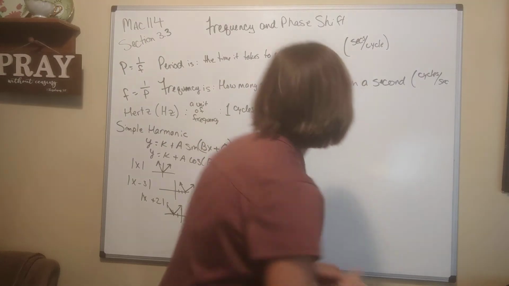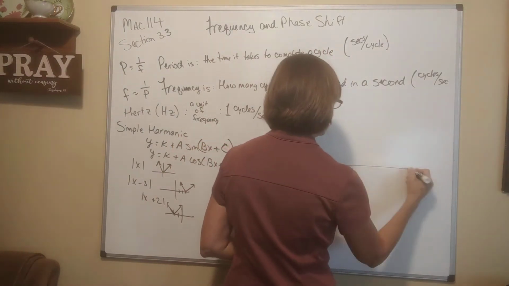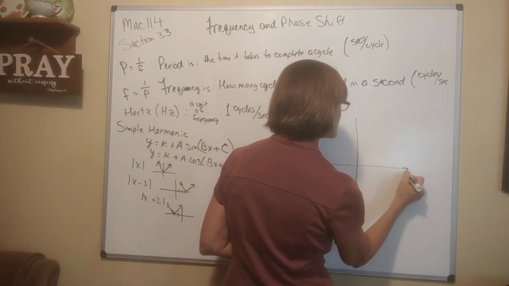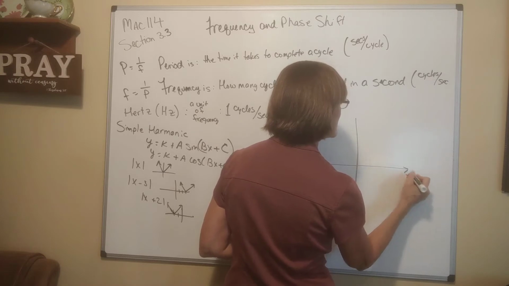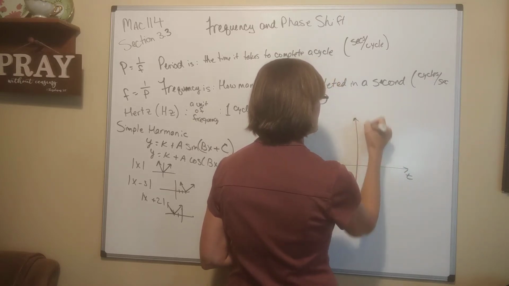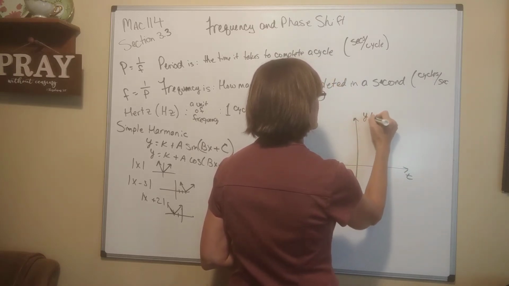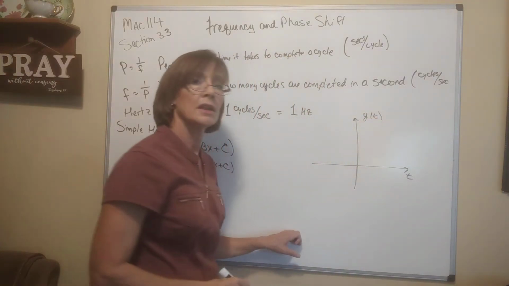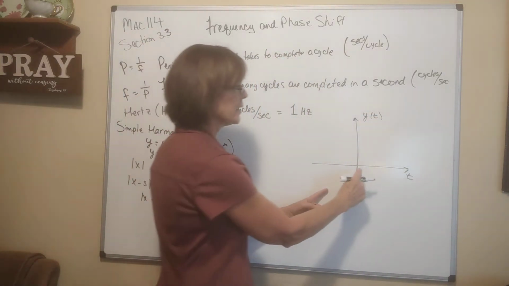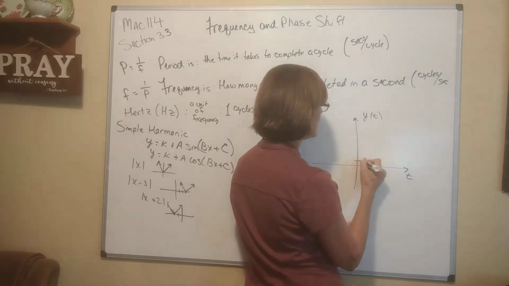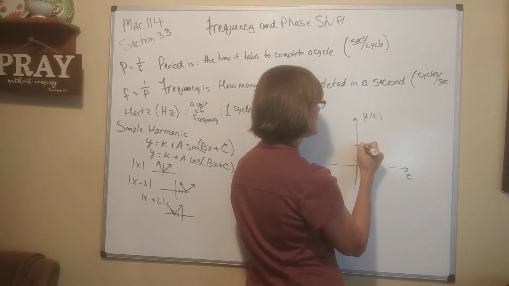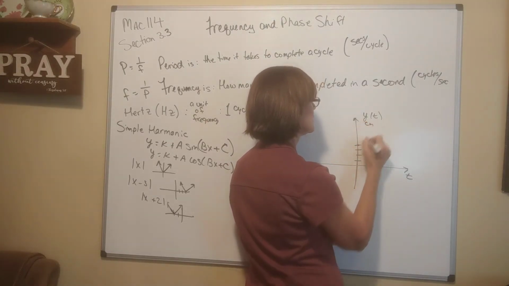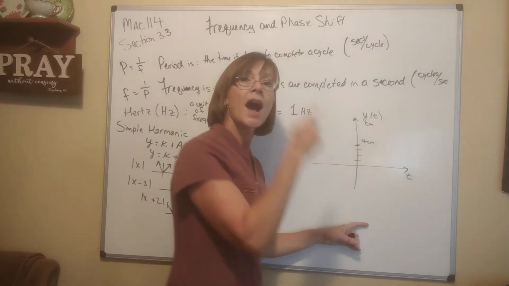So let's think about that. If this is our xy axis, only x is time, and y is y of t, some function in terms of t. This is saying right here, when t is 0, it's up here at 4 centimeters. This is in centimeters. It's saying that it started high.